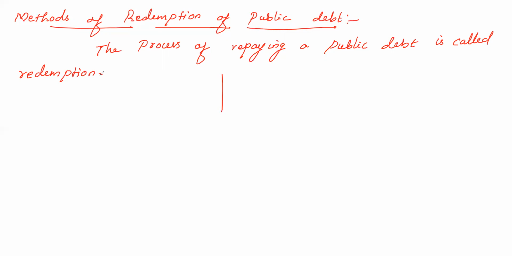Okay, so the government sells securities to the public, and at the time of maturity, the person who holds the security surrenders it to the government.